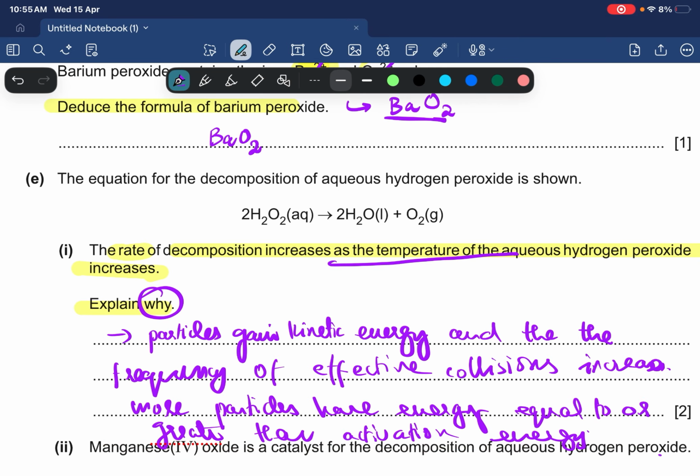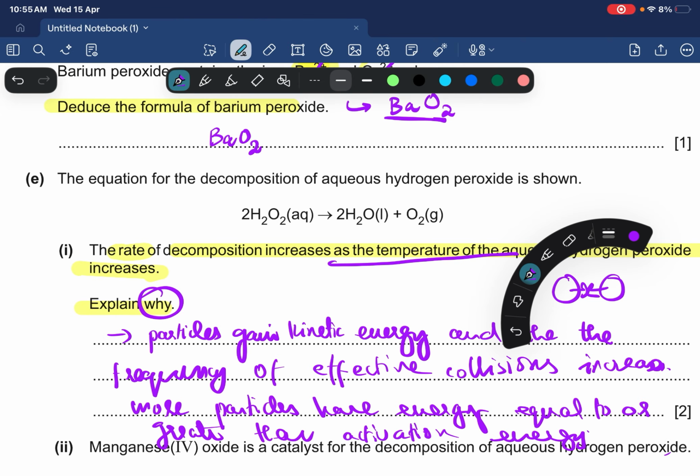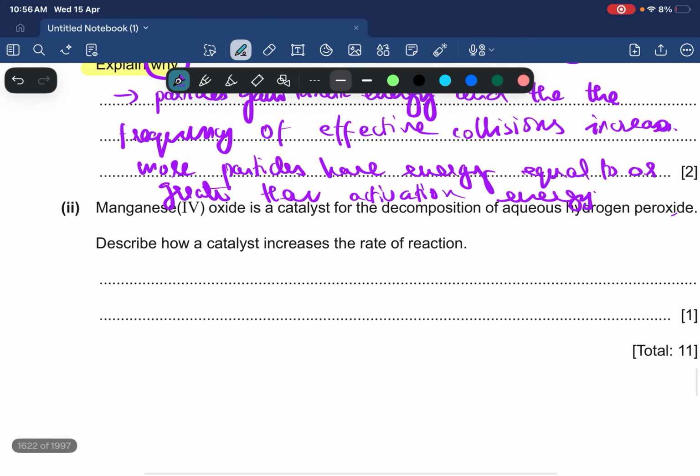Okay? Increasing temperature does this. It does not only increase the frequency of the collisions, it also makes more particles have energy greater than activation energy. And when particles have energy greater than activation energy, that's only when they can react. If two particles collide and don't have activation energy, no product is going to be formed.